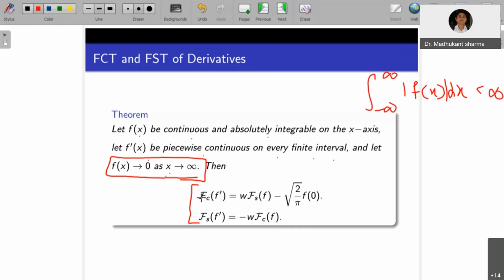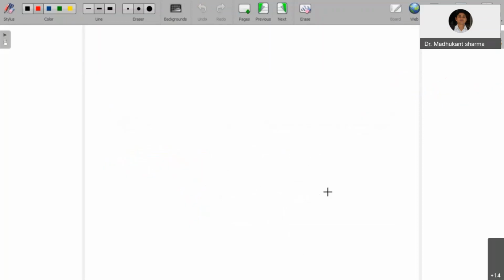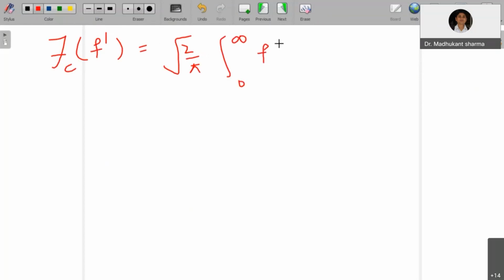Now let me derive this first equality. The Fourier cosine transform of f dash is going to be square root of 2 by pi, integration 0 to infinity, f dash of v cos of wv dv.